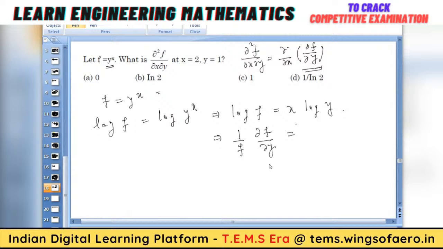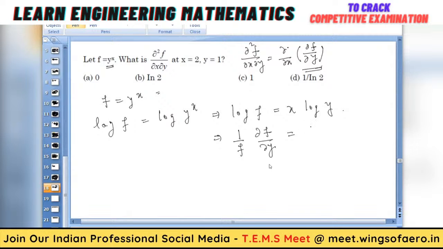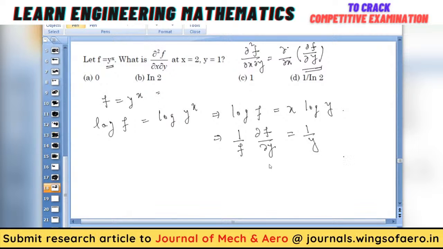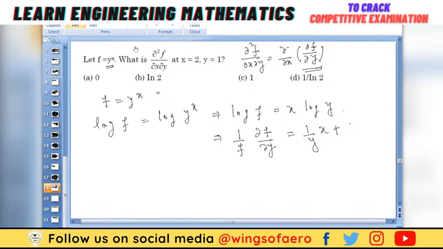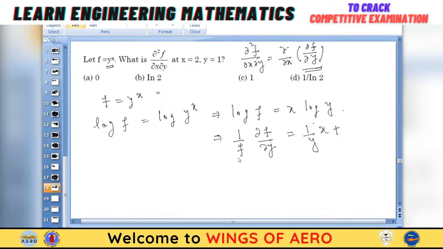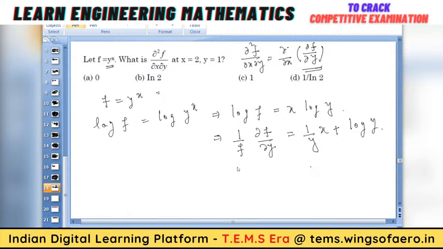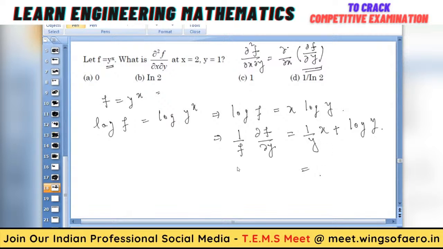Now take the derivative: log y means 1 by y, times x, so x by y, plus, with respect to y, x becomes constant, so it is log y. So this is x by y plus log y.